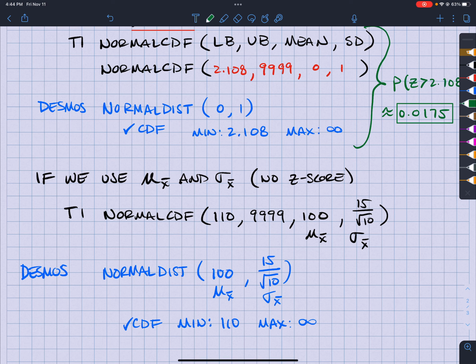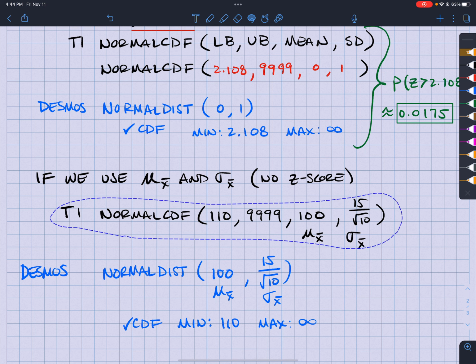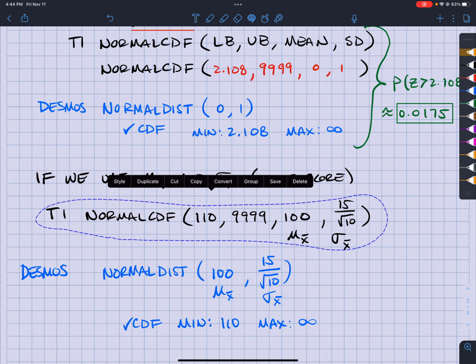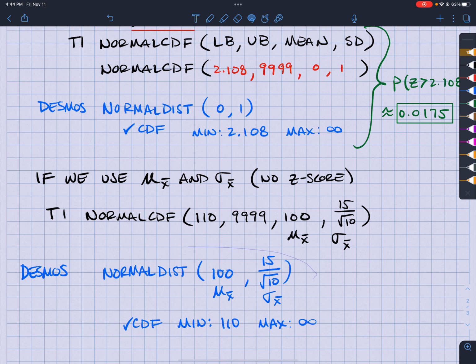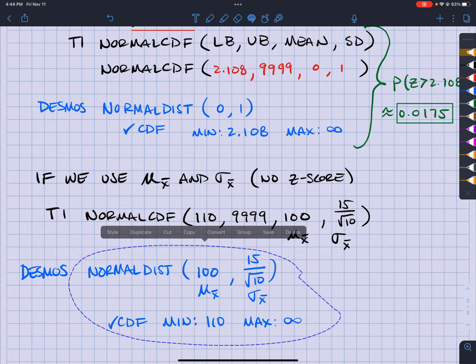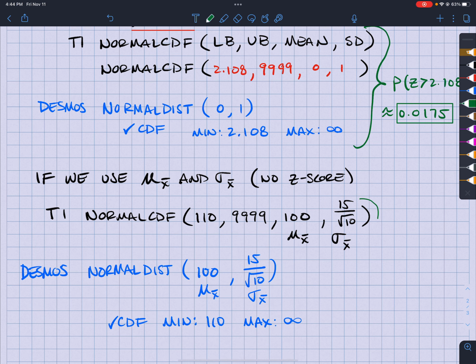actually, let's undo that. Let's move this more to the right here. This will still give me the P of that x bar being greater than 110 is going to be approximately 0.0175 as well.